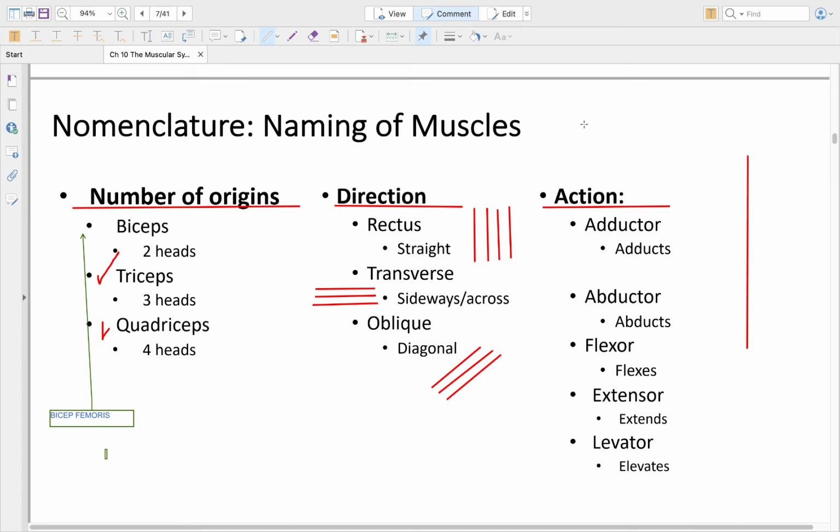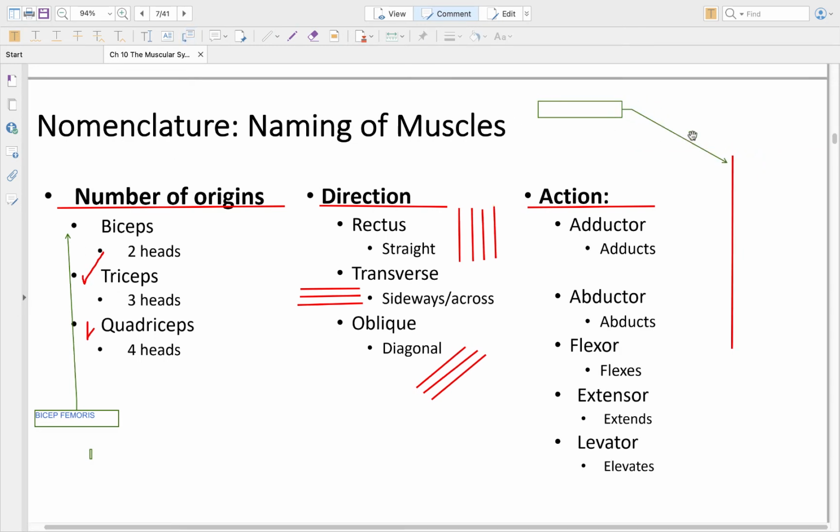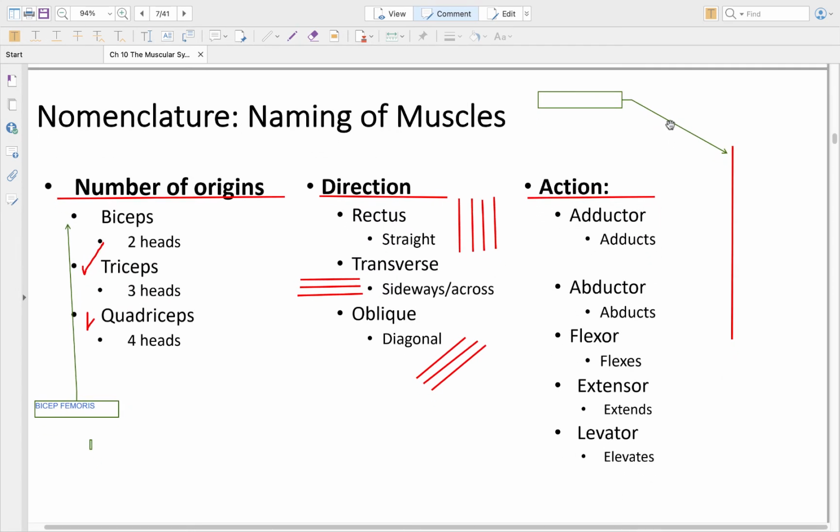You guys will just have to bear with me a little bit, because I'm using software to draw, and I can't do it by hand right now because of the online teaching. What I'm drawing for you here is a midline. So let's say this is a person's body. This is their midline.